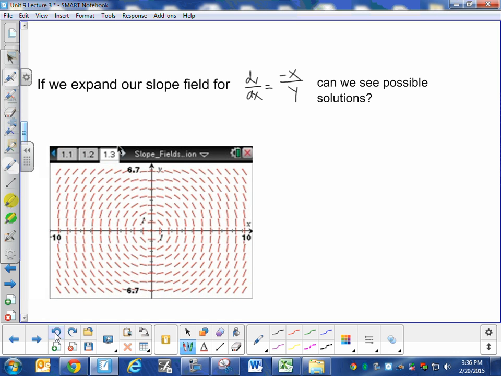Now, what's interesting, though, is I can have different circles that fall along these slope fields. I can have a circle like right here that kind of falls along with those slopes. But if I go out a little bit more, I can have another circle that has tangent slopes defined over there.